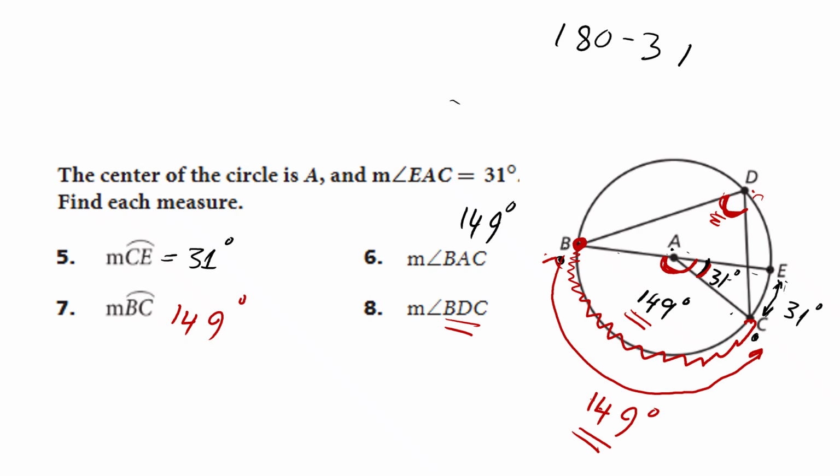So you can write 149 times half or 149 divided by 2, you will get 74.5. So the measurement of angle BDC is 74.5. It is very important that you know the name of the angles and you know how to analyze the graph and the figure, and after that how to apply those theorems.